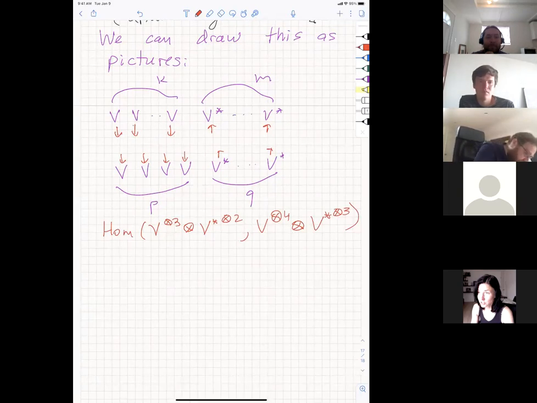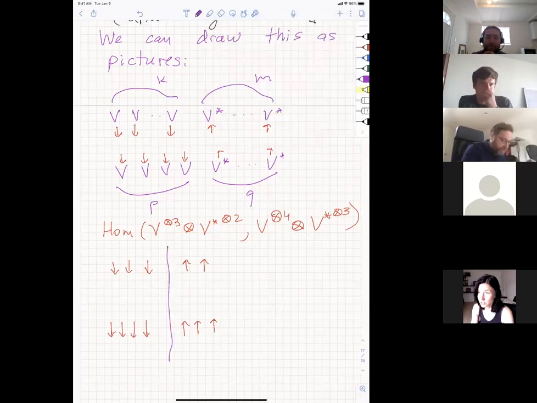So I get 3 down arrows on the top and 2 up arrows, and on the bottom I've got 4 down arrows and 3 up arrows. I can put a wall between them so that we can distinguish them. Then I have to connect, preserving orientations, something like this.